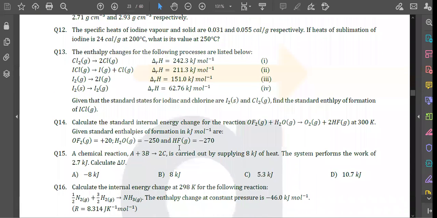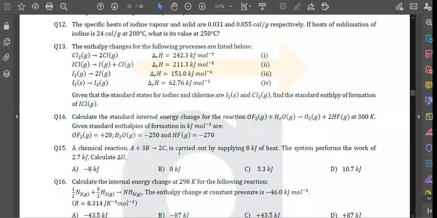Now question number 13. How many of you have doubt in question number 13? Okay, let's solve question 13, everyone.